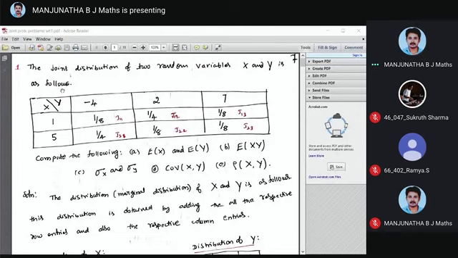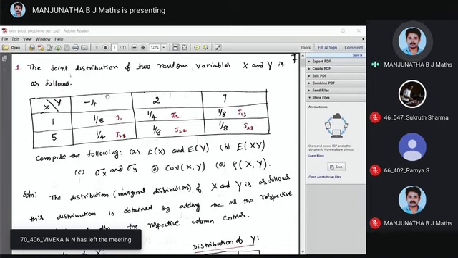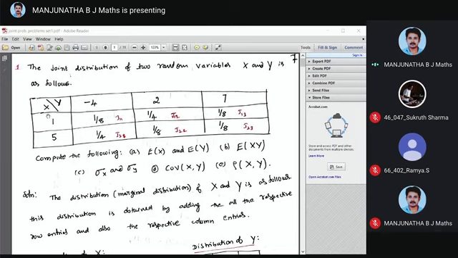So the joint distribution is given already, right? These are y values, minus 4 to 7: y1, y2, y3. And 1 comma 5, these are x values, x1, x2.